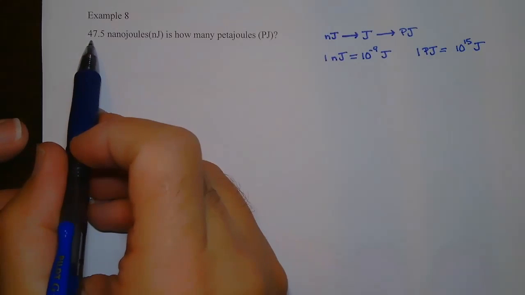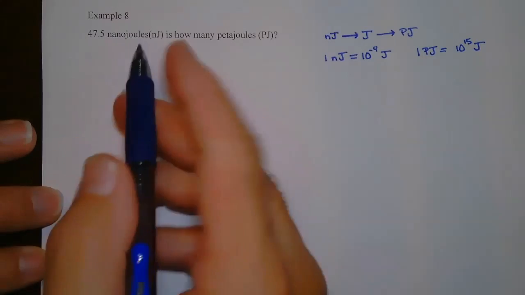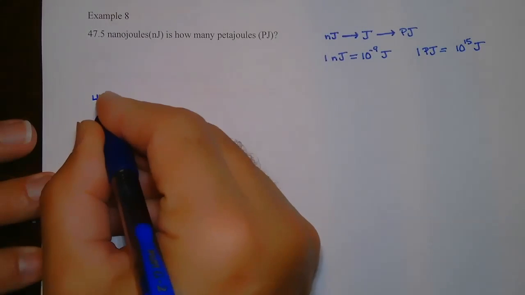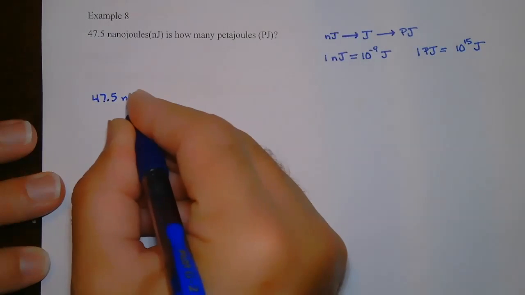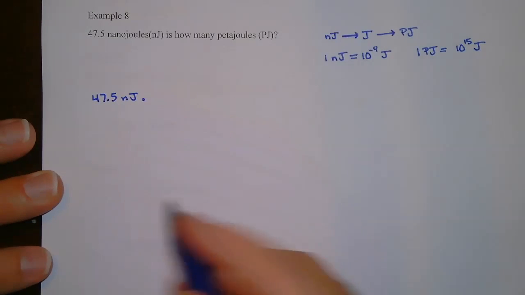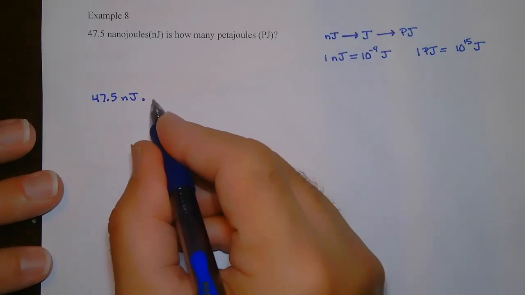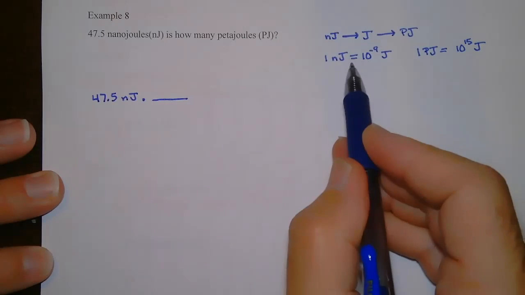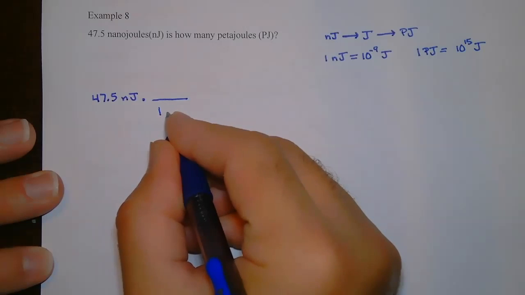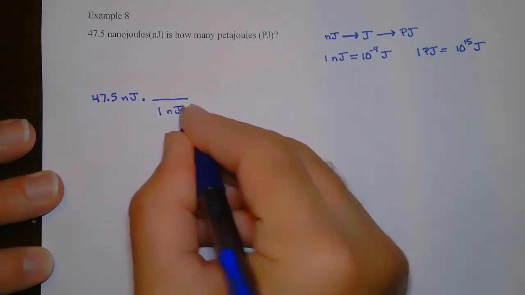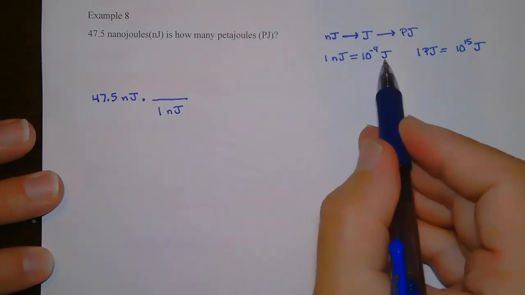We're going to start with 47.5 nanojoules, and then I'm going to multiply to get to joules. The way I can get to joules is by using this conversion right here. I put 1 nanojoule in the denominator, and that's 10 to the negative 9th joules.